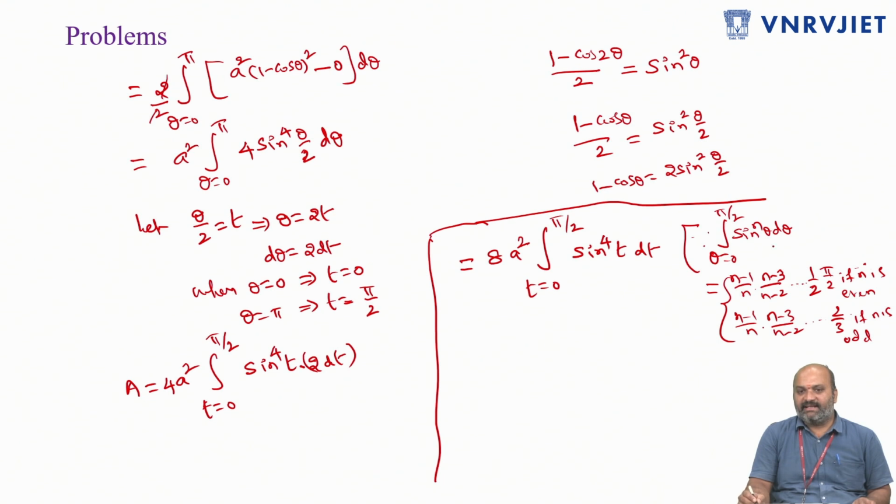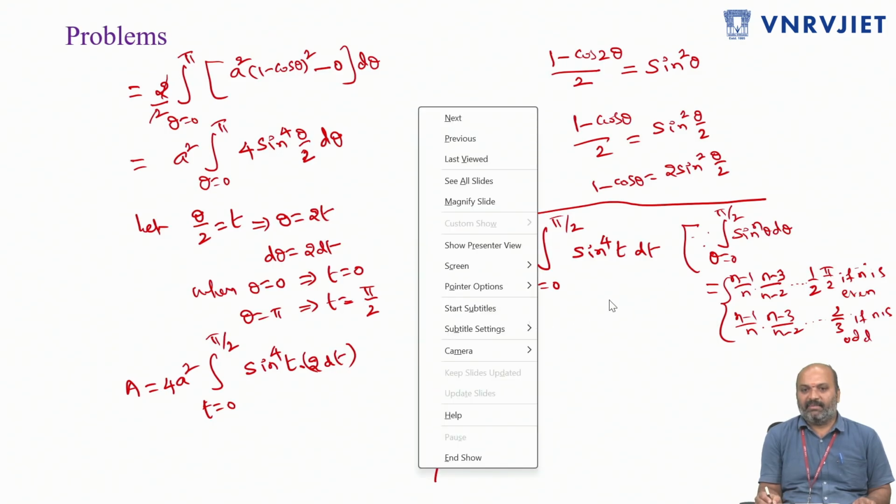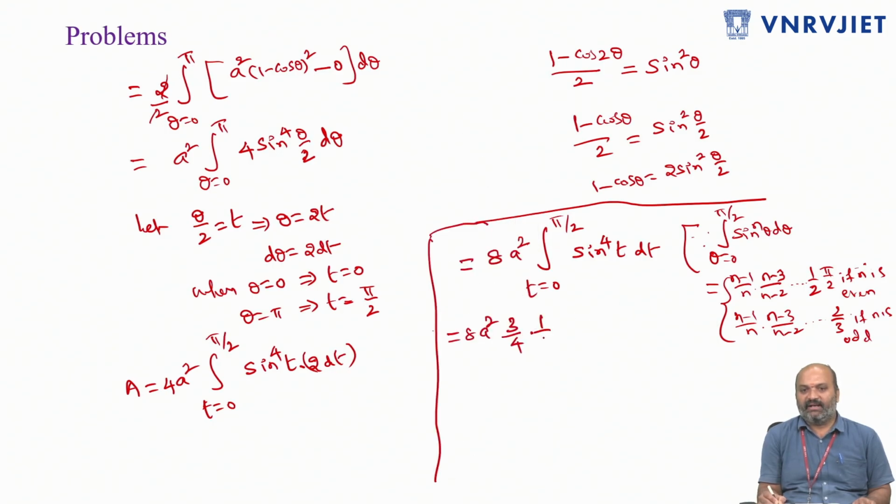Since here n is an even number, with n equal to 4, we get 3/4 times 1/2 into pi by 2.